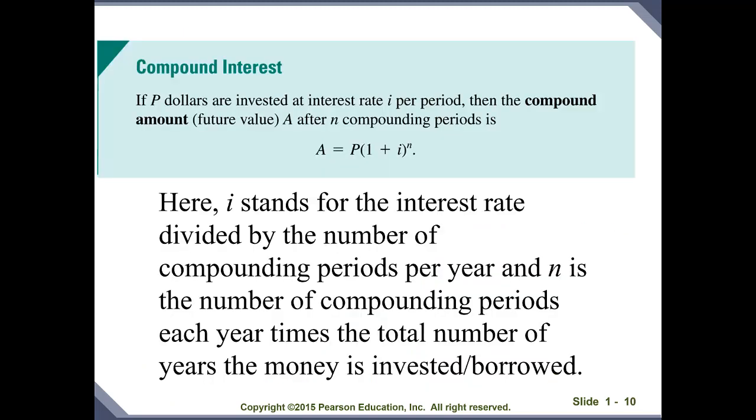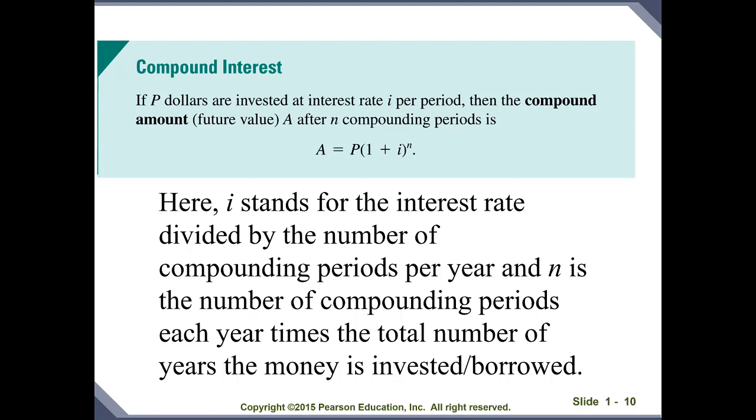So what you see here at the top is how your textbook defines the compound interest formula. They define it as, remember, A is future value, just like it is for simple interest, and P is principal or present value, just like it is for simple interest.